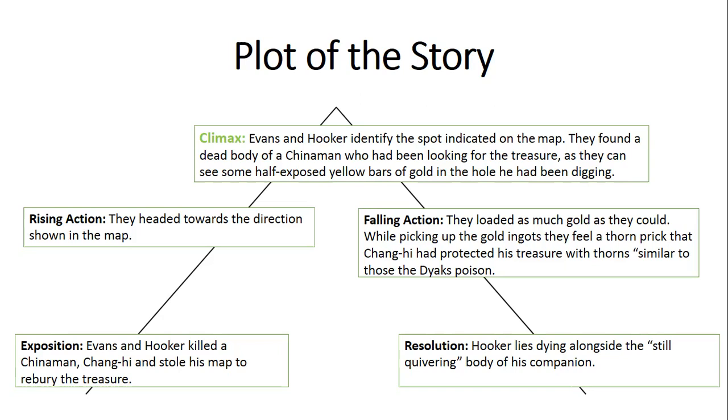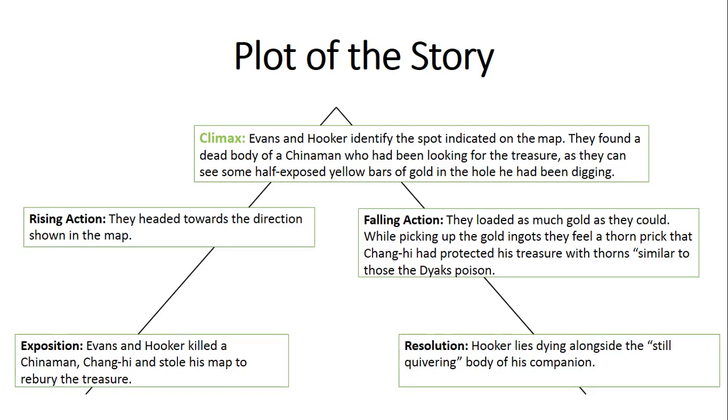At first, exposition: Evans and Hooker kill a Chinaman, Chang He, and steal his map to rebury the treasure, because they had found that Chang He had some treasure, or he had the map where those treasures were buried. Rising action: they headed towards the direction shown in the map.